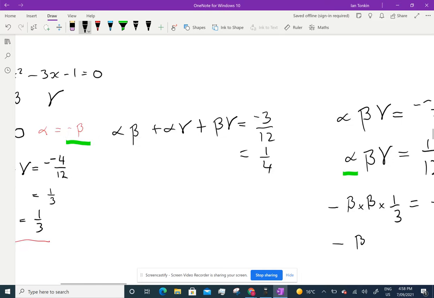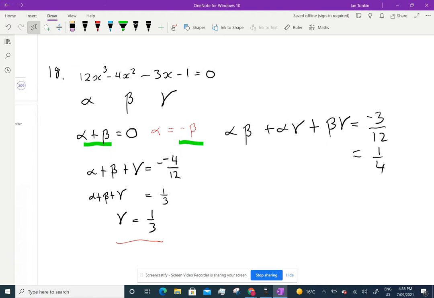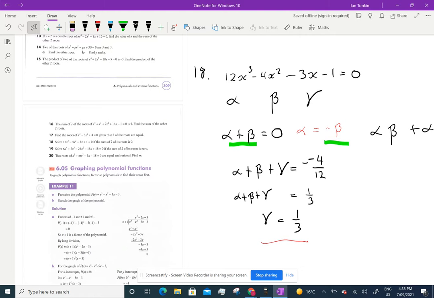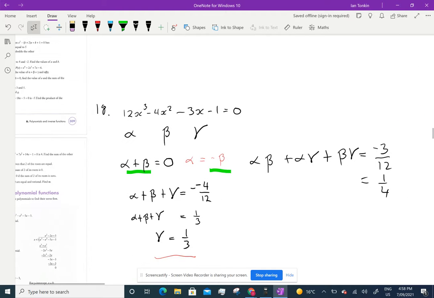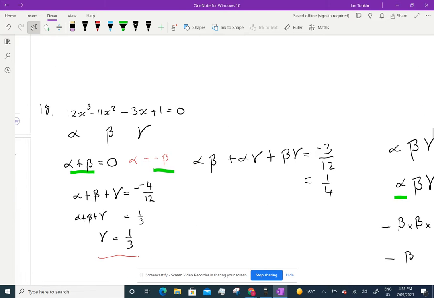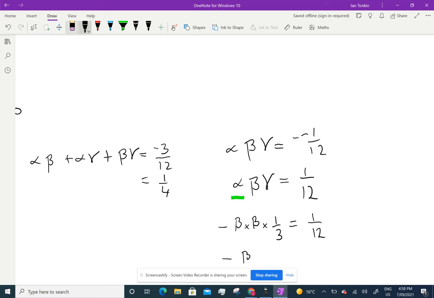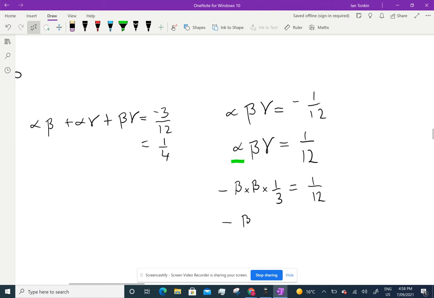So is that minus a 12th? Have I got the right equation here? Is it minus 1 or plus 1? That's plus 1. So that's going to be, let's get rid of that, because otherwise it would have been square root of a negative. So it's minus a 12th.